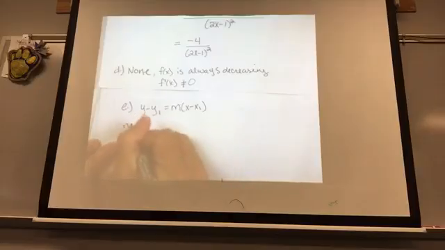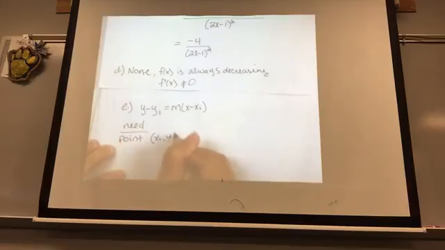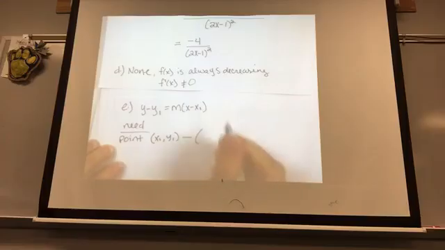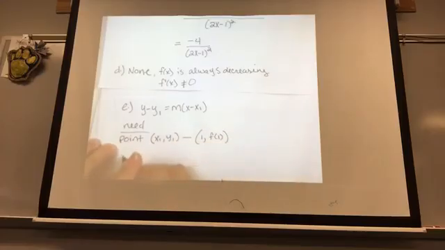I know I need my point. And they gave me the x value, so what is the x value in my point? 1. And so now I need f of 1. And then I need my slope at 1, so I need to find f prime of 1.